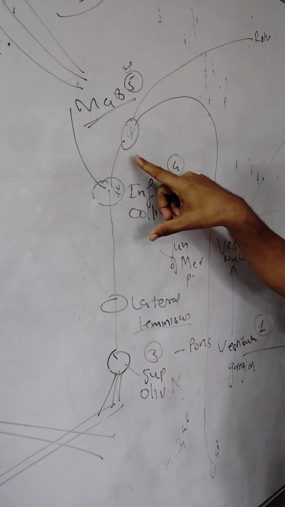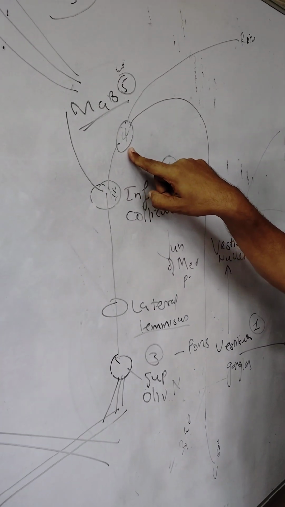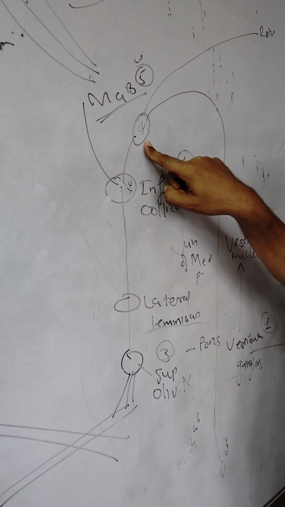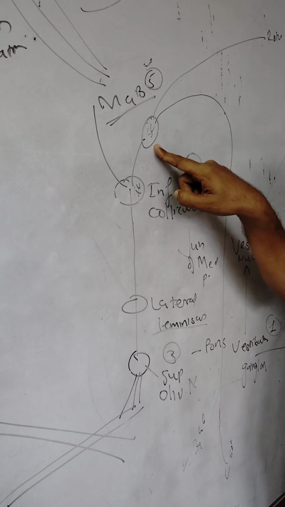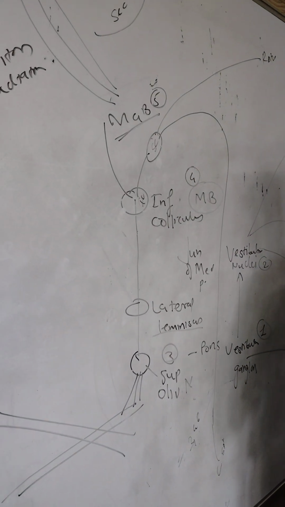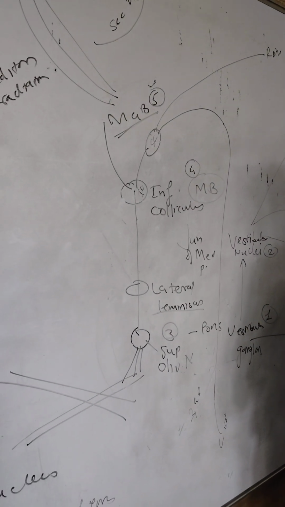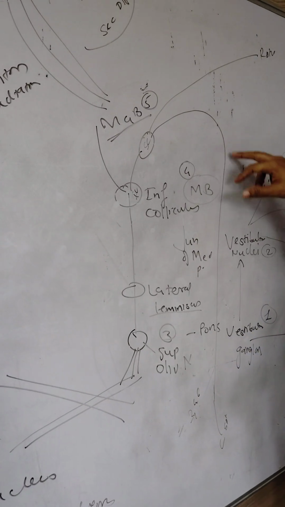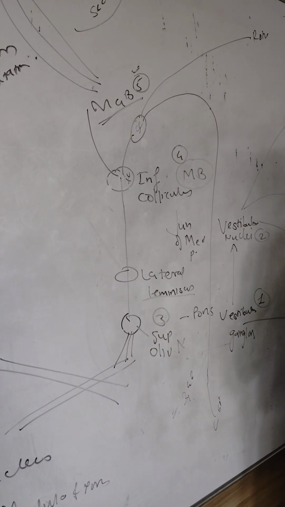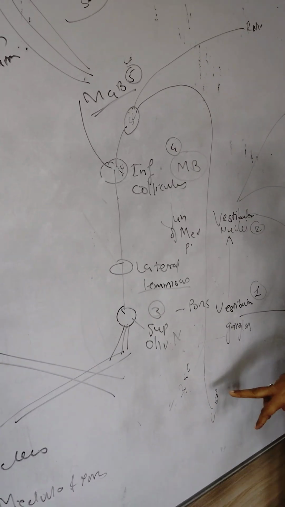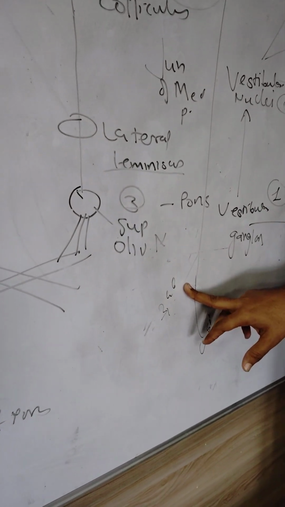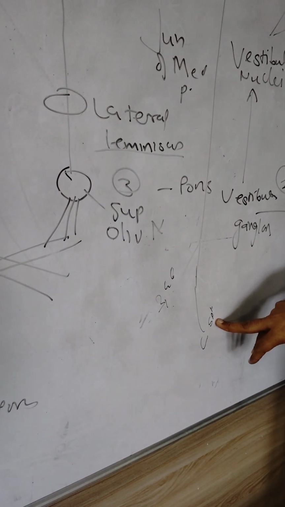Now, above the inferior colliculus is the superior colliculus. From the superior colliculus starts the tectospinal tract. This tract goes to the opposite side and descends down, splitting into tectobulbar and tectospinal proper.